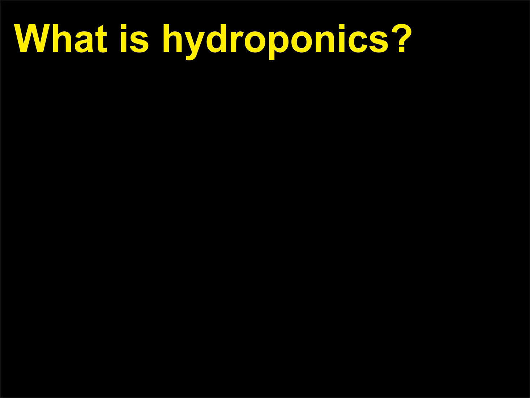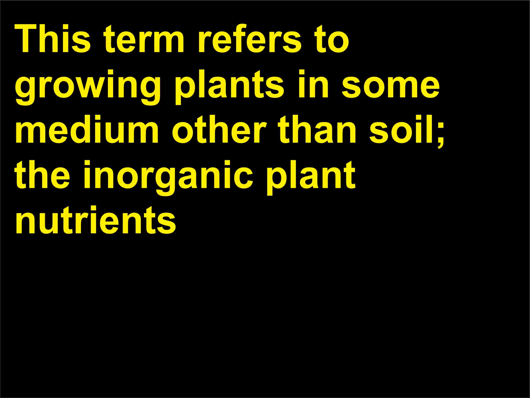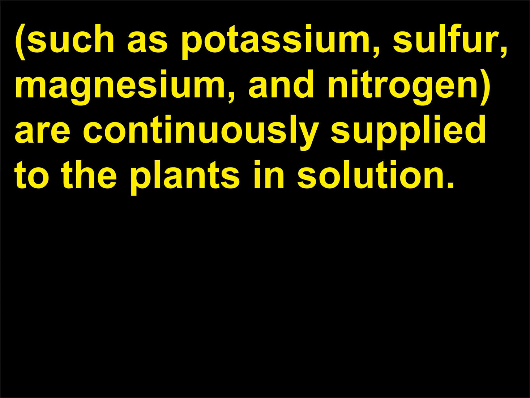What is hydroponics? This term refers to growing plants in some medium other than soil. The inorganic plant nutrients, such as potassium, sulfur, magnesium, and nitrogen, are continuously supplied to the plants in solution.